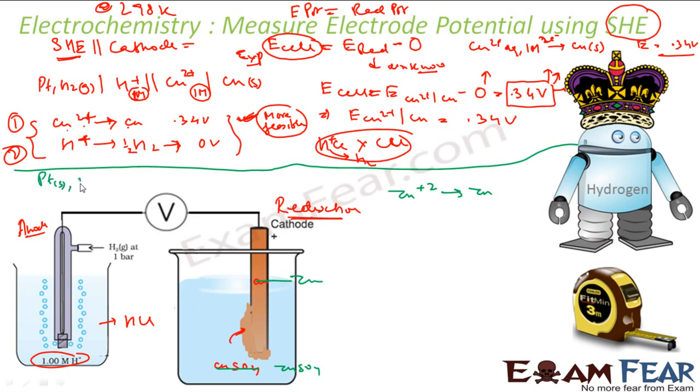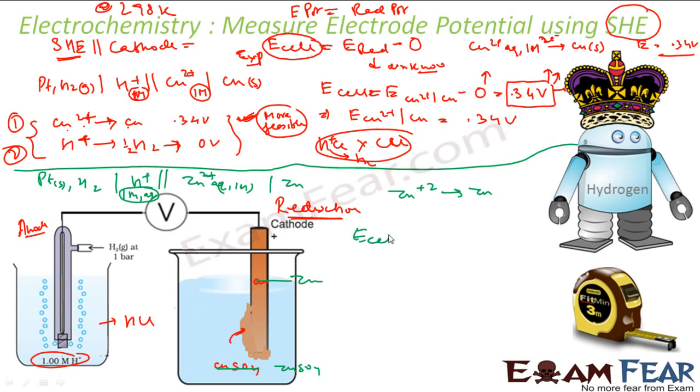On my platinum surface, my hydrogen gas of 1 mole becomes H+ of 1 mole, double bond, my Zn2+ of 1 mole will become zinc, this is 1 mole like this. This is the reaction, and this is the whole representation of the cell.